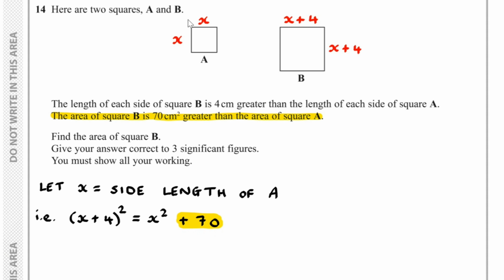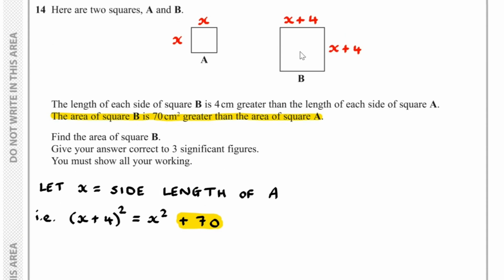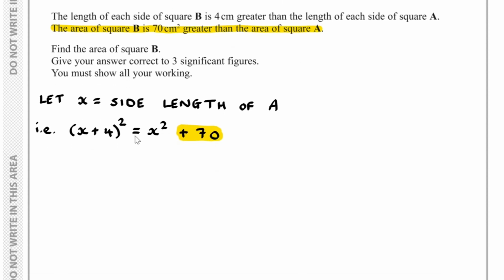And so what we need to do is find out what x is, and from that we can find out what the area of B is. X plus 4 all squared, that's the same as x squared plus 8x plus 16, and this is equal to x squared plus 70.